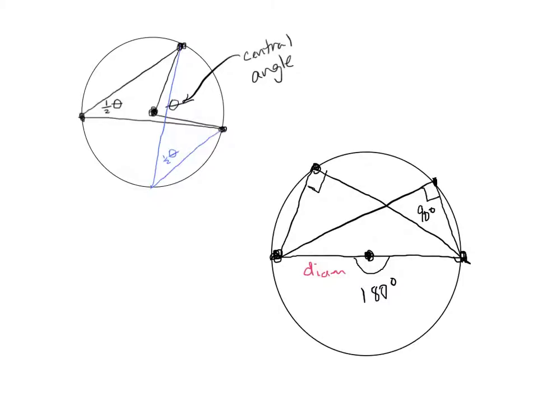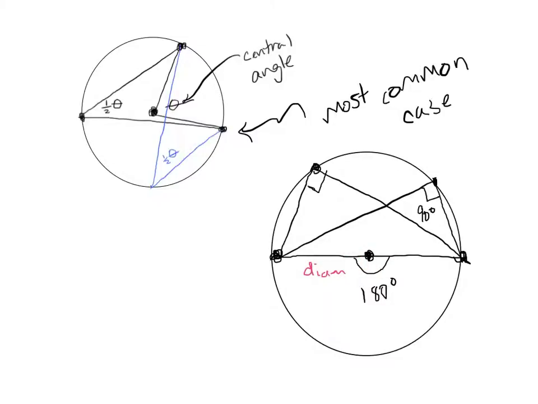Like so. And that's just a special case, the most common case of this other fact where the angle that lies on the circle is half of the central angle. So we got 90 degrees, half of 180 degrees.